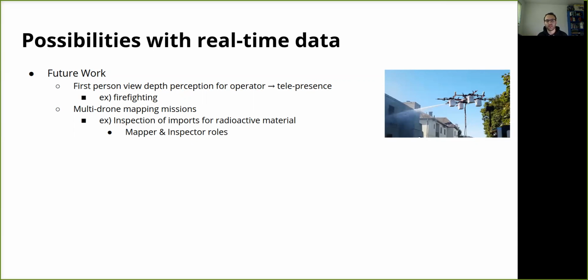Some will be inspecting the cargo ships for radiation or any other data. And we can also use multiple drones to do faster mapping simultaneously. And that's a great use for the Isaac server, where multiple drones sending their raw sensor data can be combined into a global map and transmitted back to the Isaac's interface.